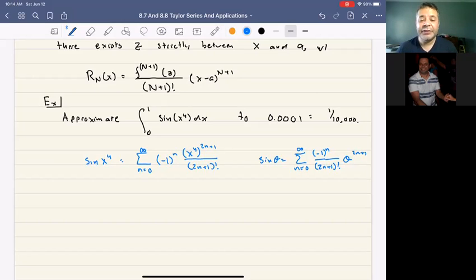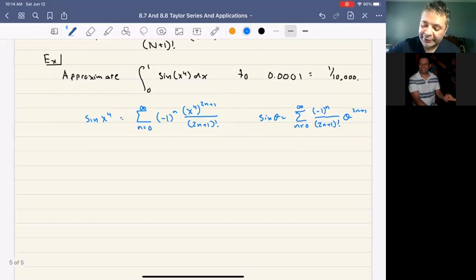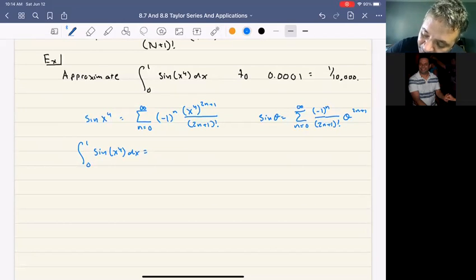So let's integrate this. The integral of sine of x to the fourth dx is equal to, well, there are always some issues with doing this, but we're just going to say it's the sum of the integrals.